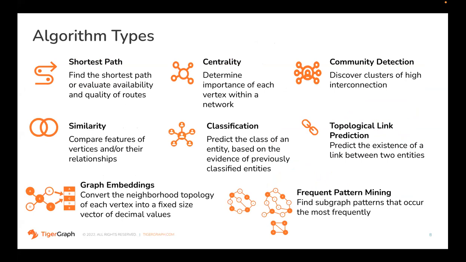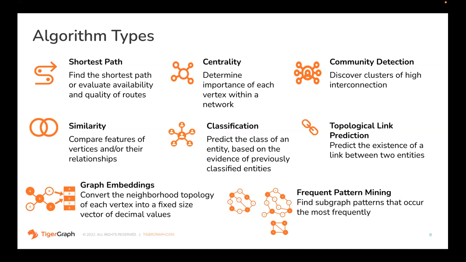What are those categories? What are the new categories? And what are some of the new algorithms? So we've organized our library into 8 different categories now. 5 of them we've had since the beginning: shortest path, centrality, community detection, similarity. Well, classification we added 2 or 3 years ago.